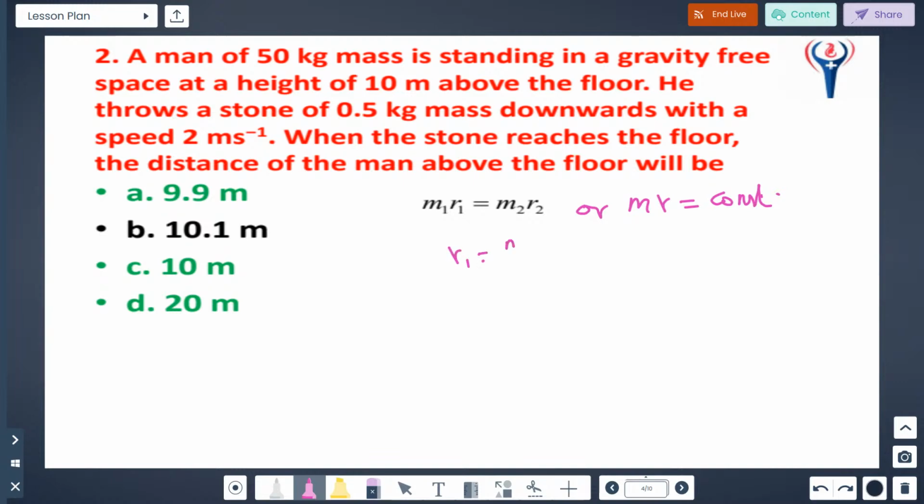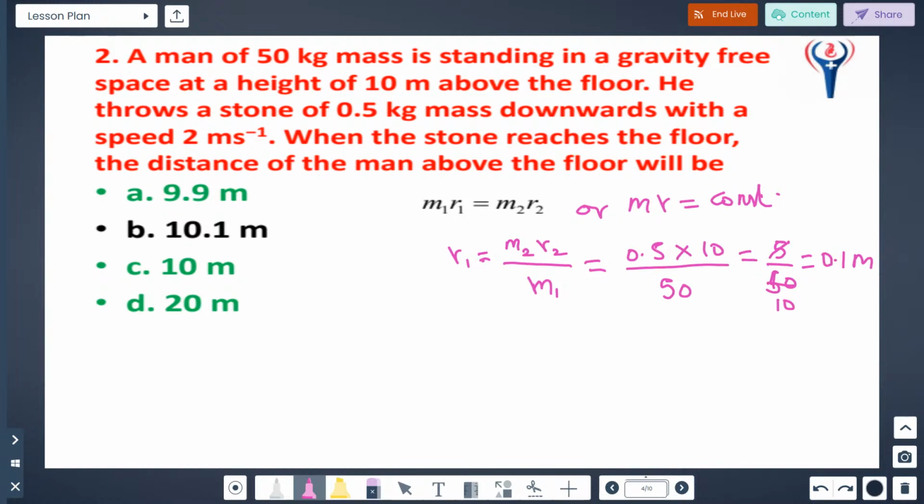R1 equal to m2 r2 divided by m1, m2 is 0.5 into r2 is 10 meter, divided by m1. M1 is 50. Then it gives 10 into 0.5 is 5. 5 by 50, that is 0.1 meter.